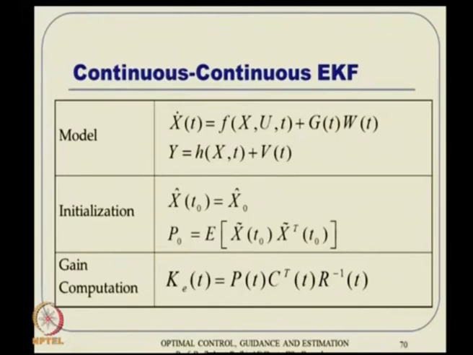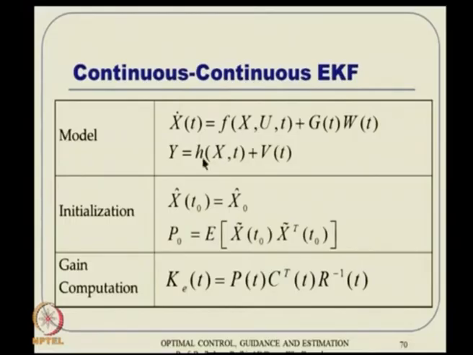Alright, so the initialization, the procedure is fairly similar. Again, I don't want to derive and explain all that here in this last lecture, but I hope all of us have done that. So, essentially the idea is you can linearize these two nonlinear equations about the current value of the state, and then you can utilize the Kalman filter theory for the corresponding linearized problem.